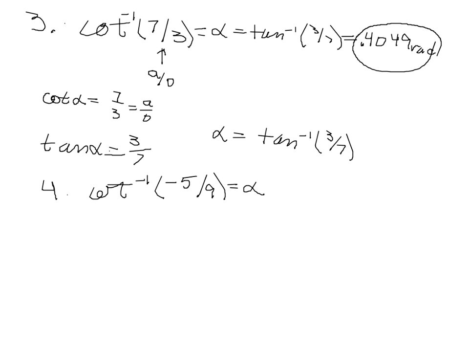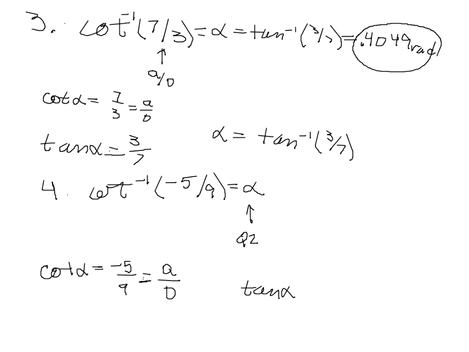Okay, cotangent when it's negative. So this angle, inverse cotangent is defined for quadrants 1 and 2. Alpha has to be between 0 and pi. Since this is negative, we're going to be in quadrant 2. All right, so we take the cotangent of both sides, and we get cotangent alpha equals minus 5/9, which is adjacent over opposite.